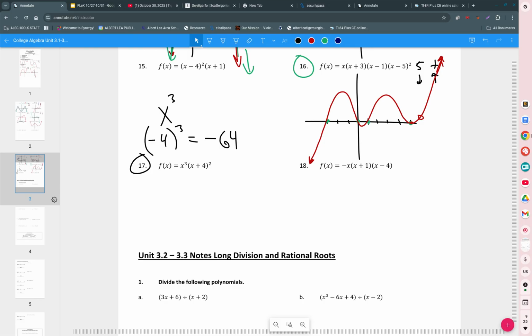So just to be clear, are you okay with that? Negative times the negative would be positive. So this would be a positive x, it would be positive, and it would be a fourth power. How do you graph it when it starts down, but it's like a parabola?